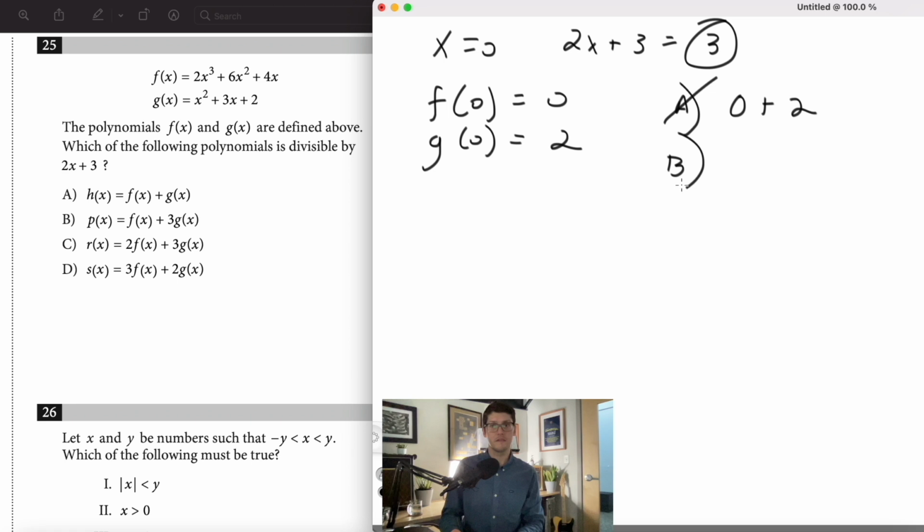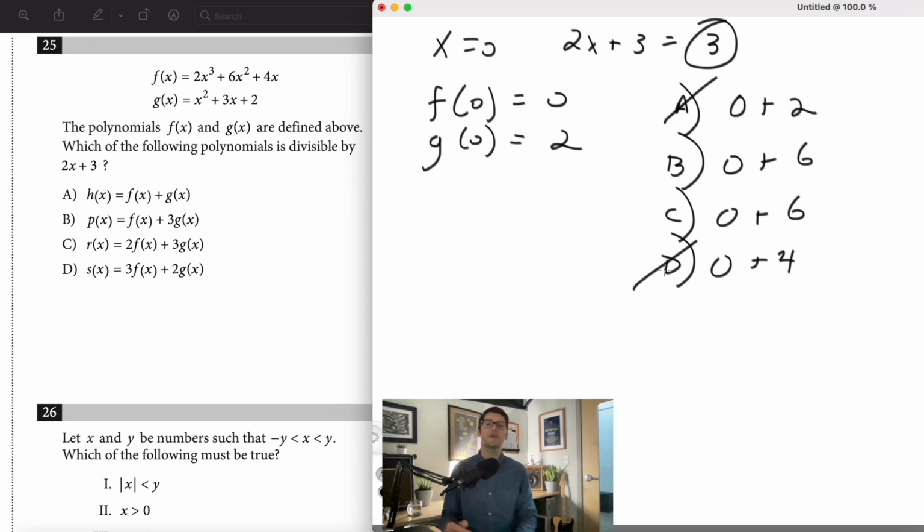B would be 0 plus 3 times 2, which is 6. That is divisible by 3. C would be 0 plus 6, so that still works. D would be 0 plus 4. That does not work. So even just picking 0 would get you down to 2 answers, and then you would try out another value.